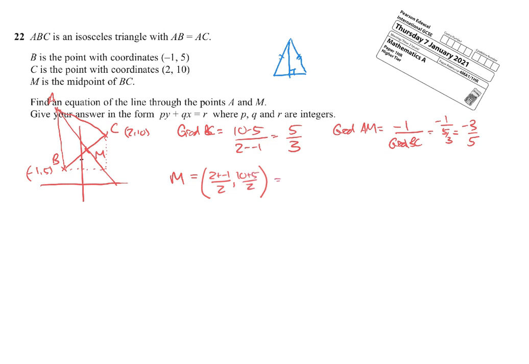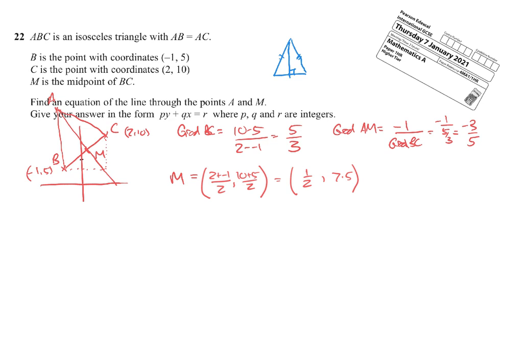That gives me 2 minus 1, so that's 1/2 for my x. And 10 plus 5 is 15 over 2, which is 7.5, so I can write that as a decimal. I don't mind mixing fractions and decimals at this point. So that's my midpoint M.